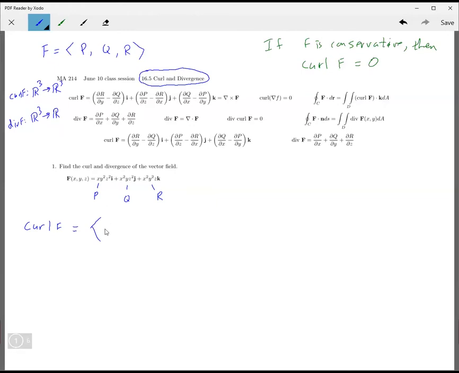The first one is the partial of R with respect to y minus the partial of Q with respect to z. The second one is the partial of P with respect to z minus the partial of R with respect to x. And the third one is the partial of Q with respect to x minus the partial of P with respect to y.